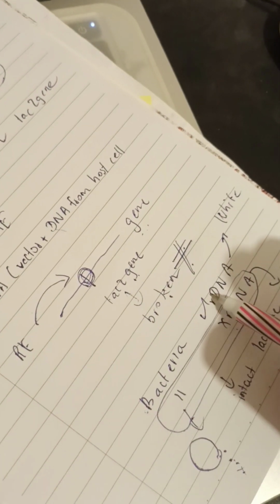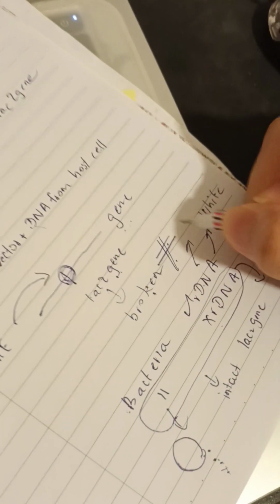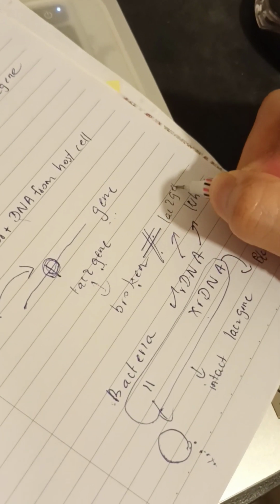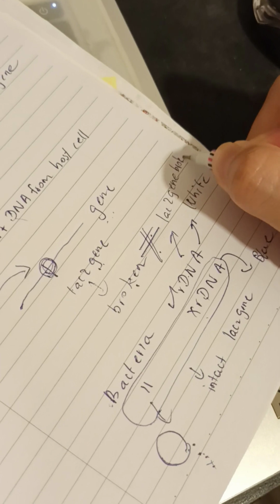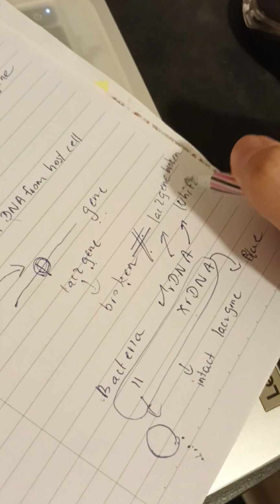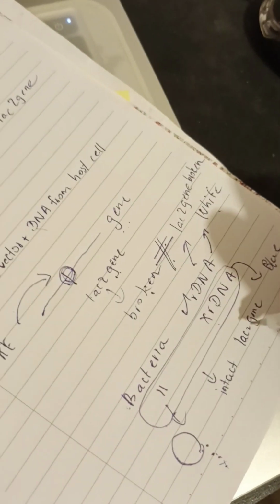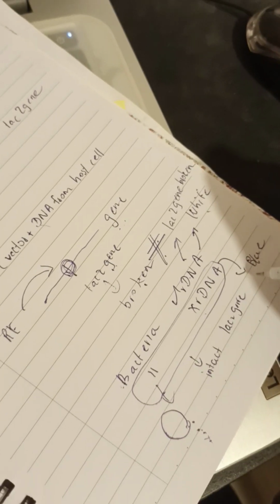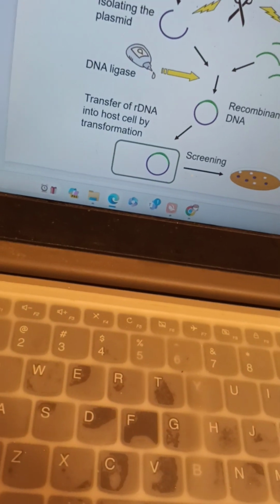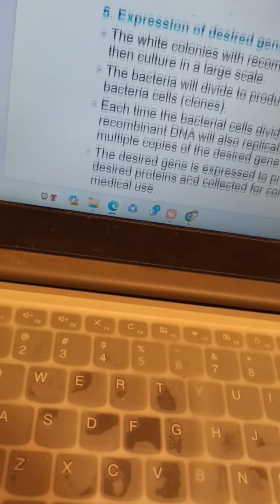All right. So for this bacteria with recombinant DNA, the lacZ gene is already broken. So lacZ gene broken gives a white color. But lacZ gene intact gives a blue color. All right, not solution, just white and blue. So let's read this. I will show you.